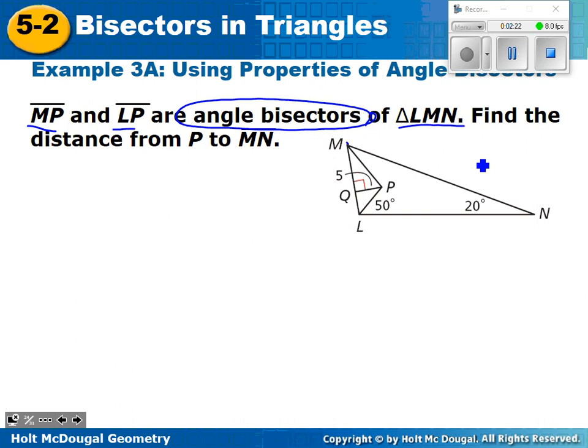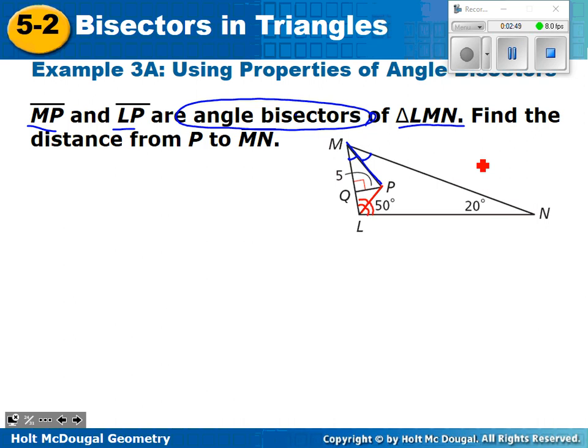So what is MP bisecting? Angle LMN. If it is an angle bisector of the triangle, it's bisecting the angle that it goes through. So you should have marked in your picture that those two angles were congruent. And LP was an angle bisector, so what's being bisected? Angle MLN. So that's this angle.